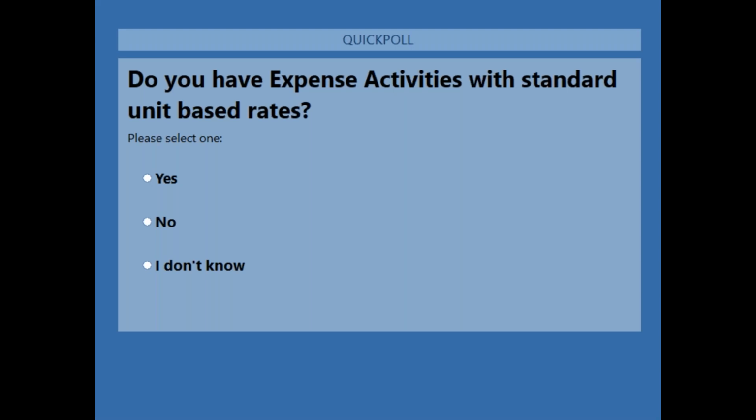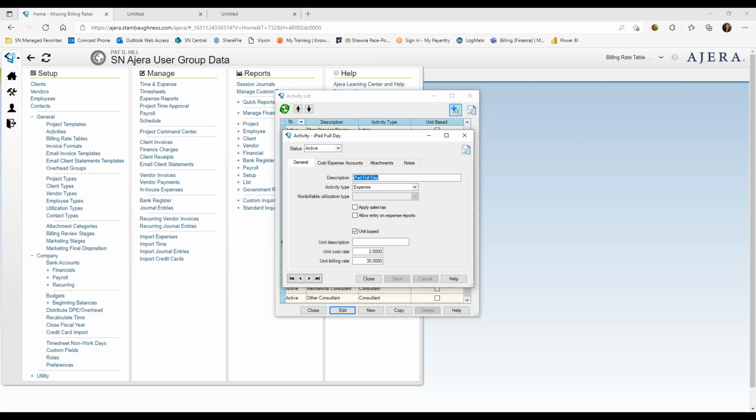Okay, it looks like we're slowing down. 82% of you voted, so I'm going to close this poll. 65% of our attendees said yes, 15% said no, and 20% don't know.